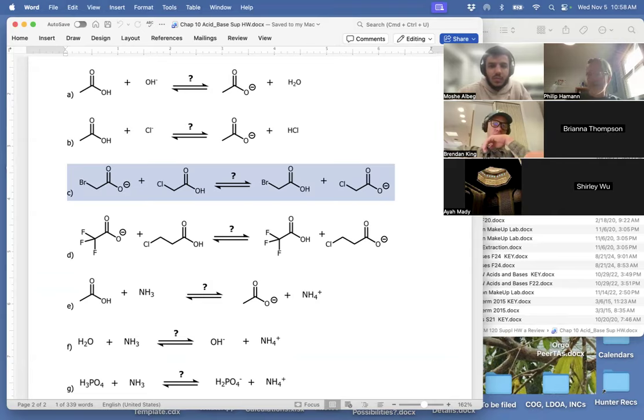Chlorine is more electronegative. It is third place in most electronegative; oxygen is slightly more electronegative. So if this carboxylate with the chlorine is more stable, it means it's less basic, it means the right side will be favored.